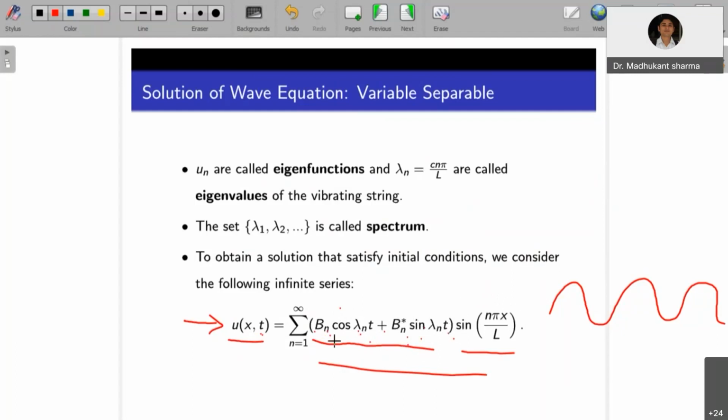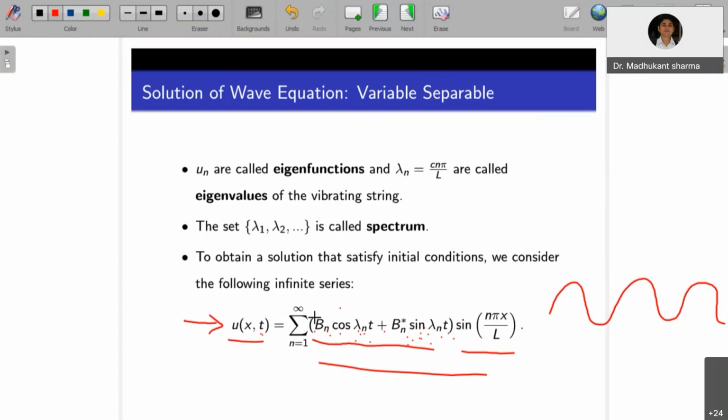Now if you set t equals to 0, this first term will vanish because sine lambda n t will occur here. And the second term will have cos lambda n t, and since cos 0 is 1, you will obtain bn star lambda n times sine of n pi x by L with some summation.